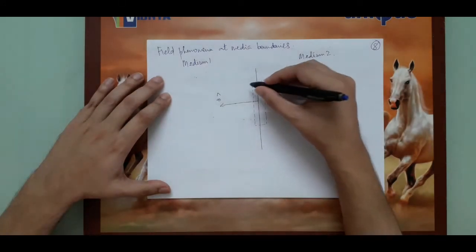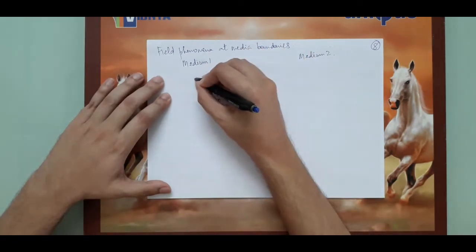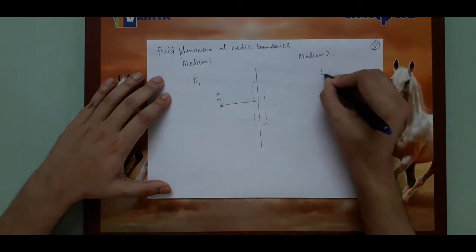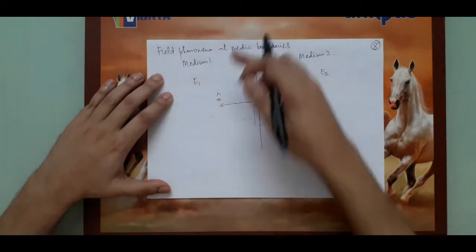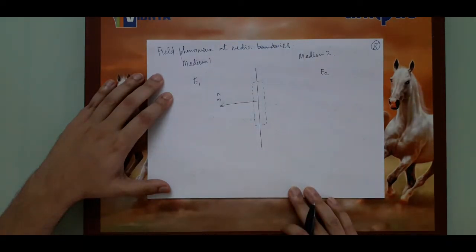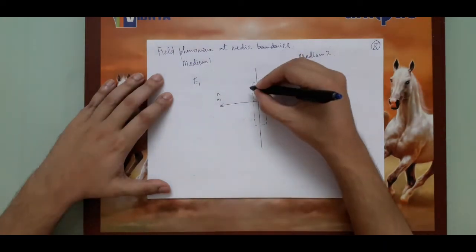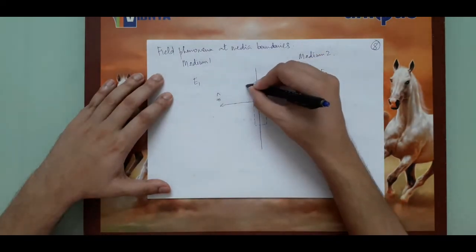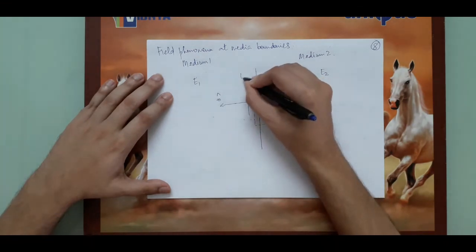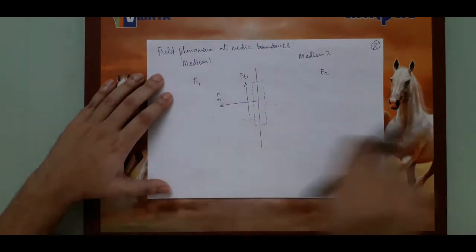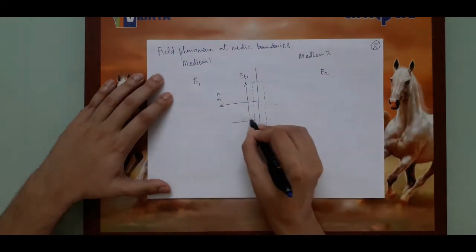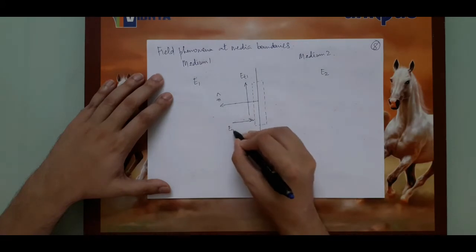At the boundary, let us say the electric field in this medium is E1 and the effective electric field becomes E2. I can define a tangential component of the electric field along this axis. Let us say the tangential component in medium 1 is ET1 and the normal component, which is directly incident on the boundary, is En1.